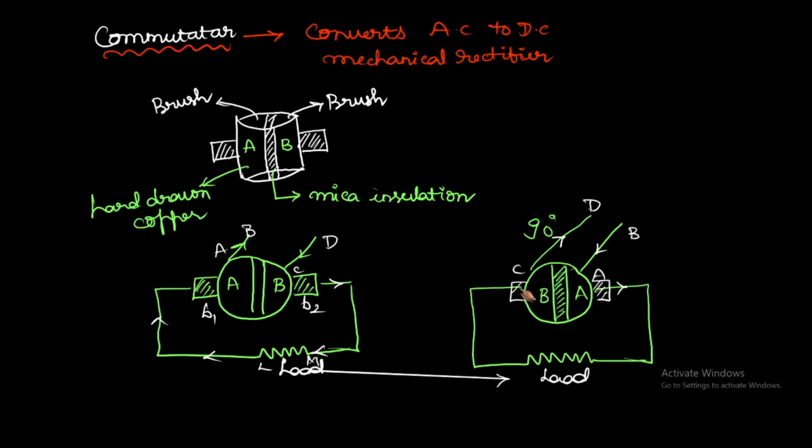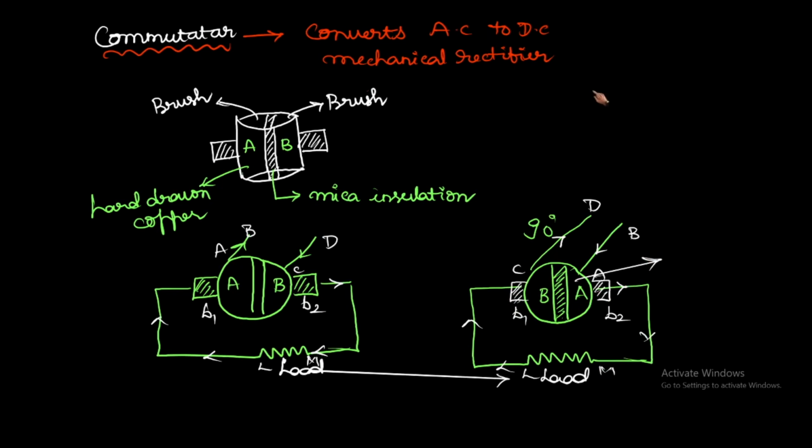These brush positions are fixed, that is B2 and B1, and the current is going like this, once again M to L. That is what we are doing by using the commutator. This is the function of the commutator. I think you understand the function of the commutator.